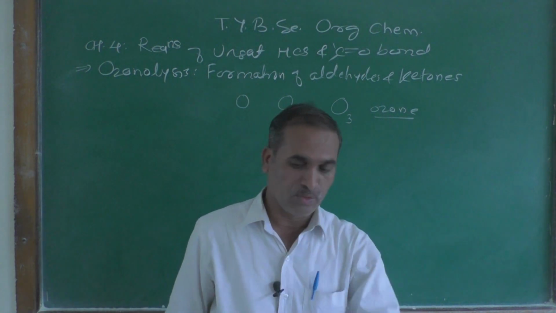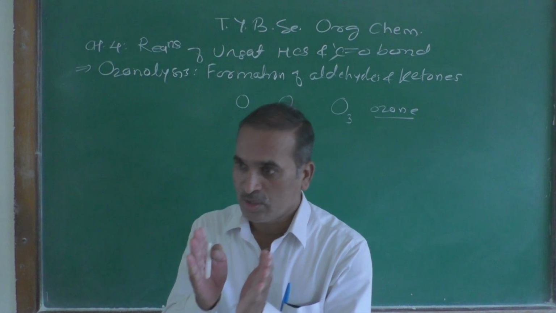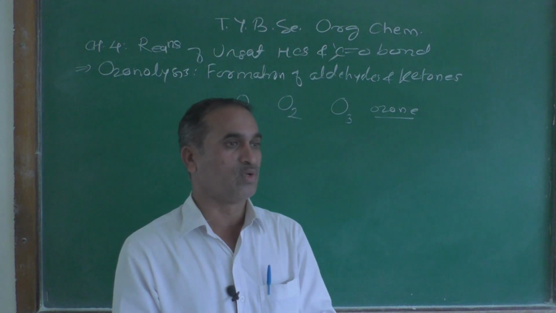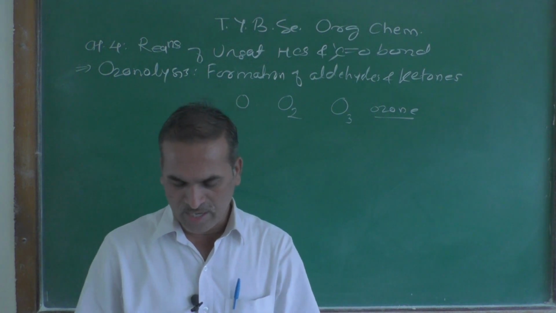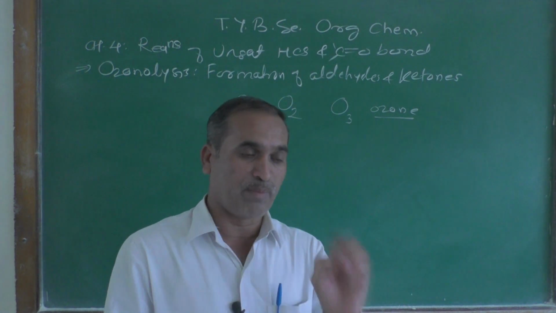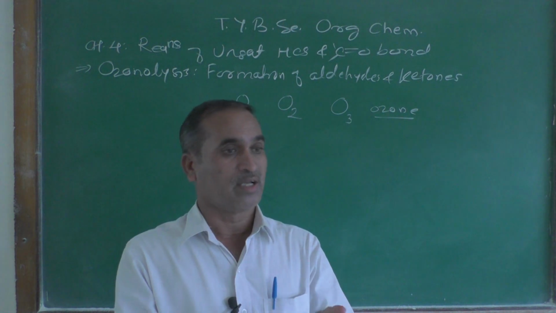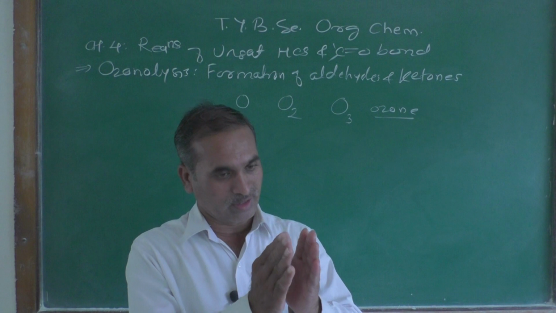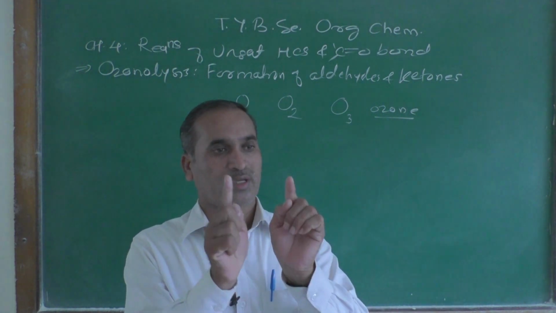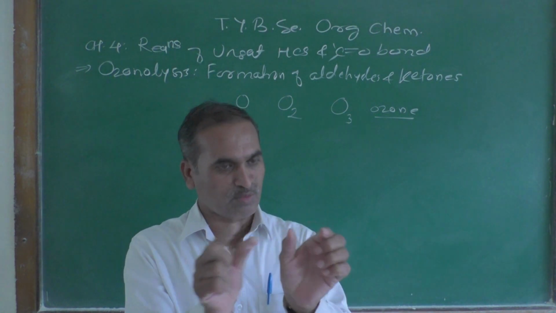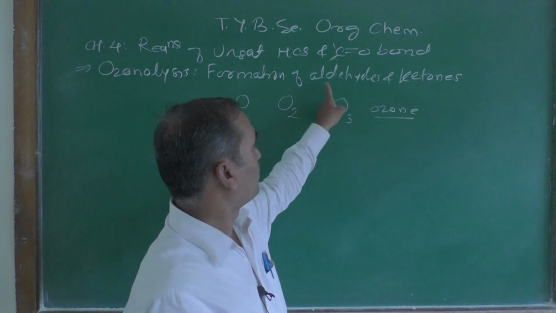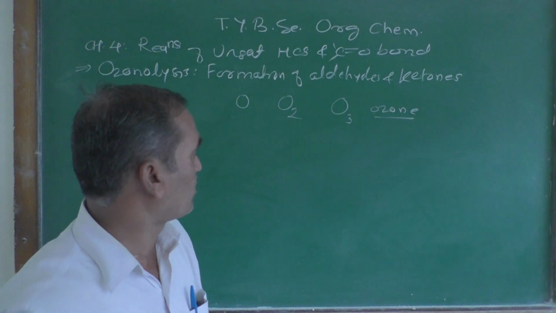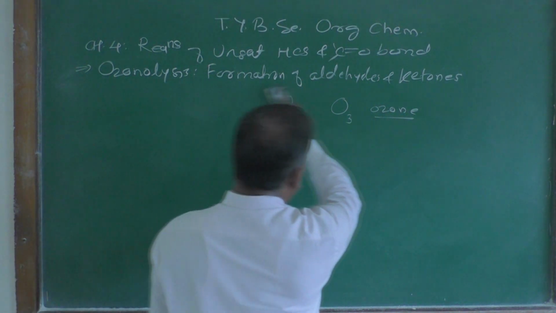That is a little bit about the ozone molecule. Now let us come to the chemist's point of view. The ozone molecule is very good from a chemist's point of view. Remember, it is a process of complete cleavage of the carbon-carbon double bond, and we get smaller molecules, the aldehyde and the ketone.